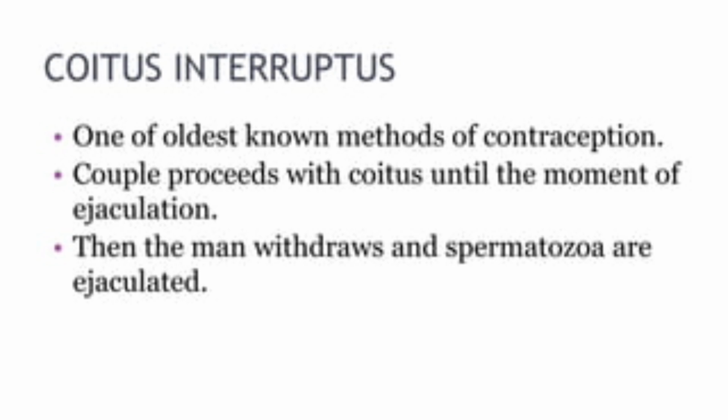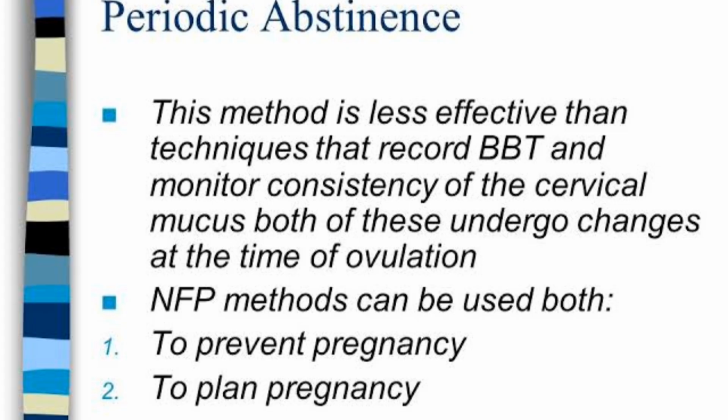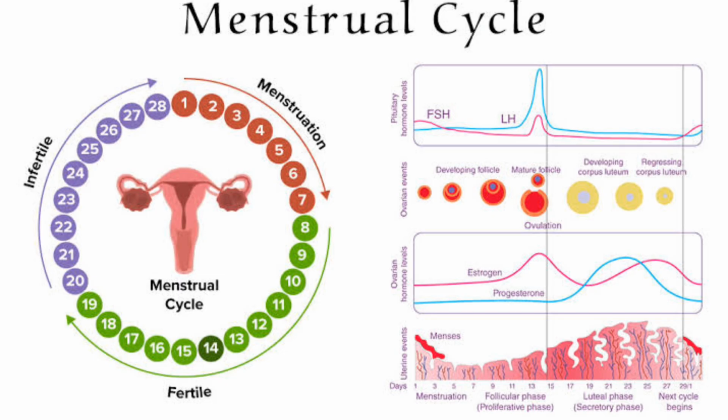The next method is called periodic abstinence or the rhythm method. We know that ovulation occurs on the 14th day of a 28-day menstrual cycle, and the 10th to 17th day is very fertile. So we avoid sexual contact during the 10th to 17th day period.